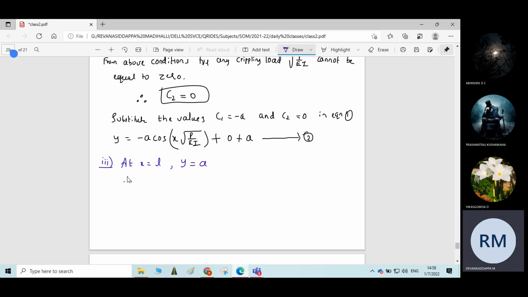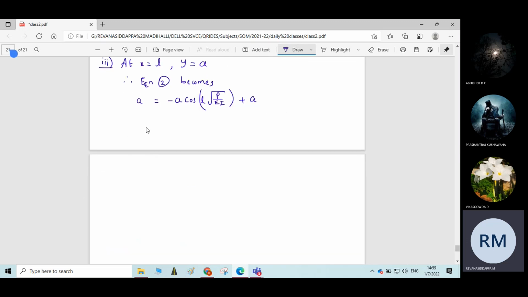Therefore, equation 2 becomes y equal to A is equal to minus A cos L root of P by EI plus A. So the A on LHS and the A on RHS get cancelled, and minus A cos L root P by EI becomes equal to 0.